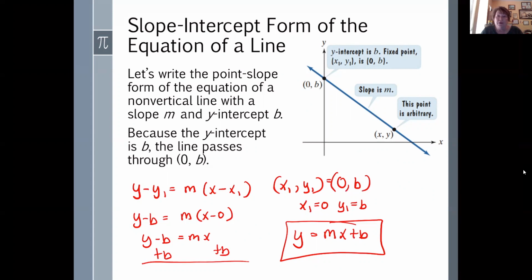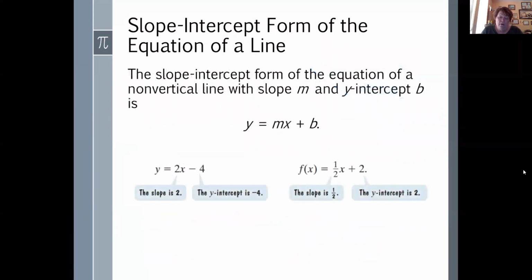The slope is the number you're multiplying times x, and you know what the y-intercept is. The y-intercept is the constant you're adding to that x term. So the slope-intercept form of the equation of a line, a non-vertical line, with slope m and y-intercept b is given by y equals mx plus b.